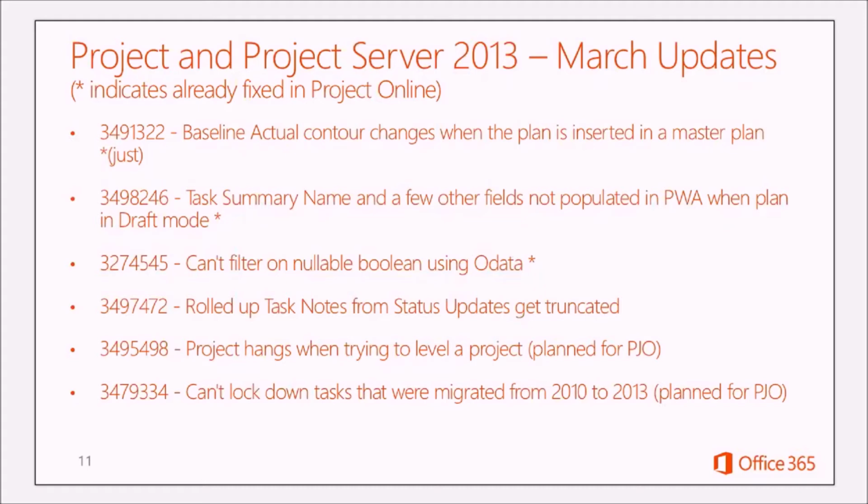The third item here: can't filter on nullable Boolean using OData. That sounds very computer science-ish to me. What does this mean? Well, if you're using OData, it means that you were not able to do a filter on fields that could have either true, false, or nothing.